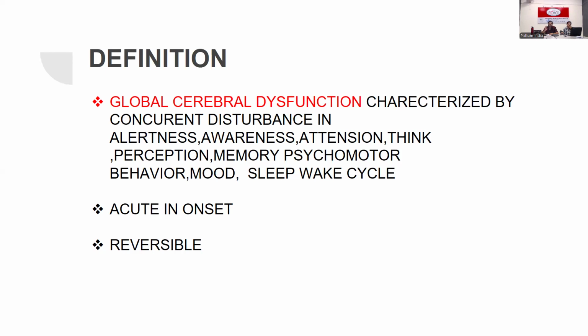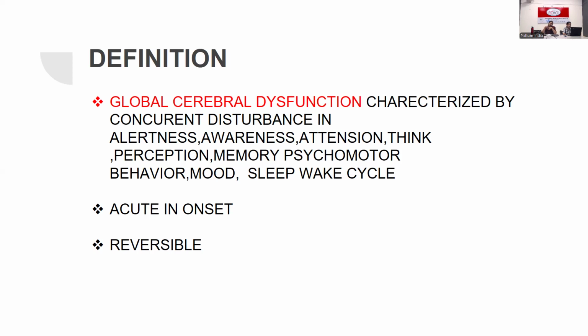We'll discuss everything in detail. Just know the definition: there is an acute brain failure, resulting in disturbance of the aspects controlled by the brain. So all of a sudden, the patient will have acute confusion, and they will show a difference in all those aspects.